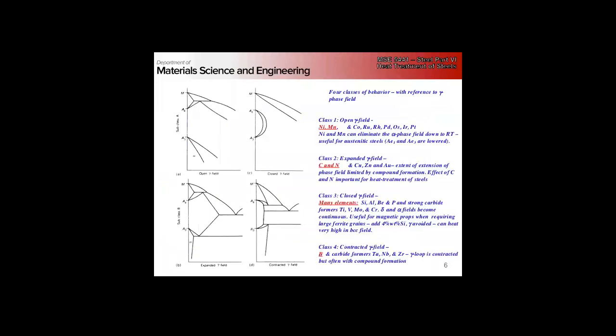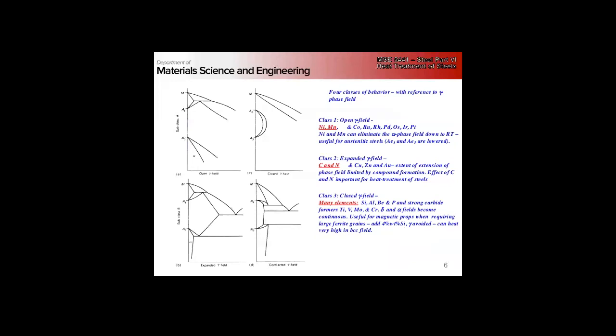Okay, so the classes of phase diagram, I'm not going to ask anything specific about this, but it is good understanding because it shows the effects of the austenite and ferrite stabilizers, so how the iron-carbon phase diagram changes, particularly the austenite region.